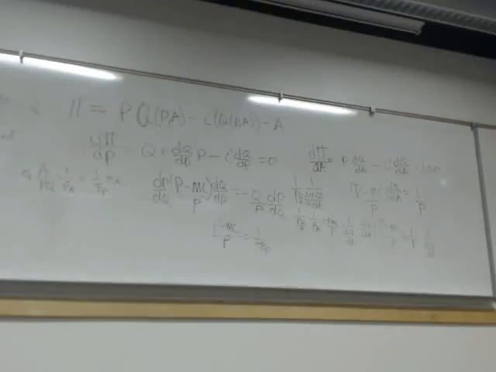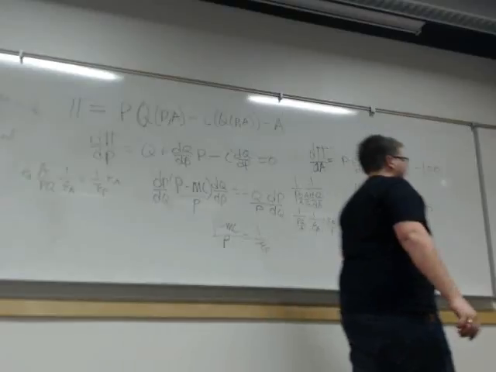Then you end up with A over PQ times 1 over the elasticity of advertising, equals the Lerner index, which is 1 over negative the elasticity of price. So you get elasticity of advertising over the negative elasticity of price equals A over PQ. Got it? Good.